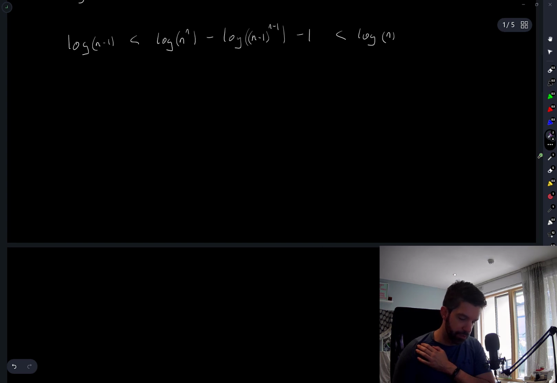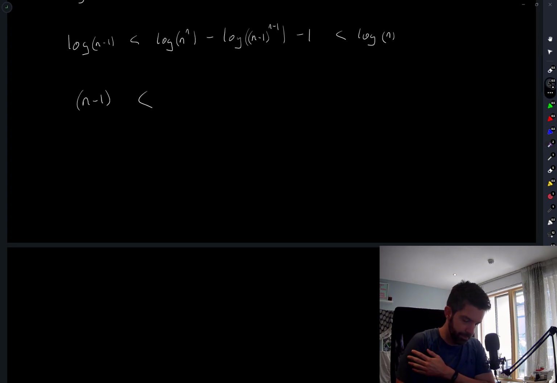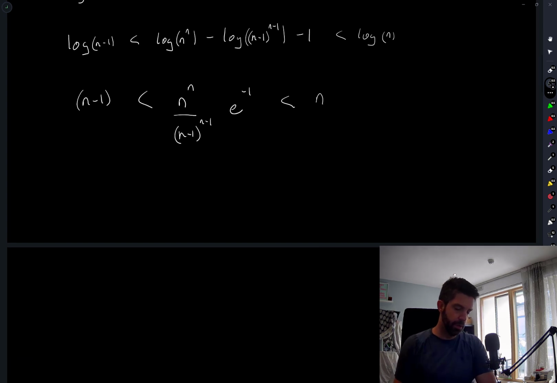The exponential function is strictly increasing, so if I have 3 numbers that are ordered like this, then exponentiating will preserve the inequalities. Okay, and I think now I see where things are going. So I have that this is true for all values of n greater than or equal to 2.